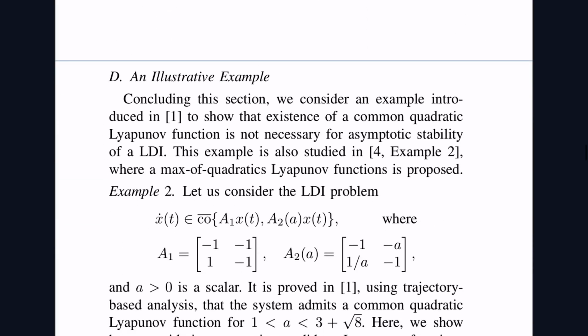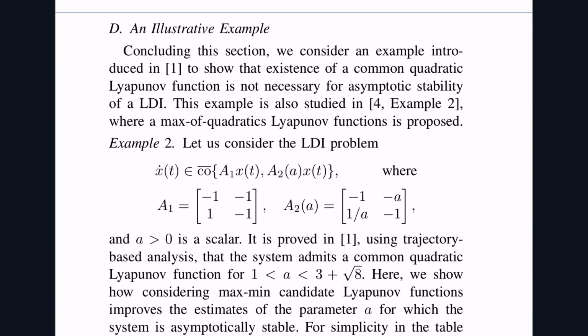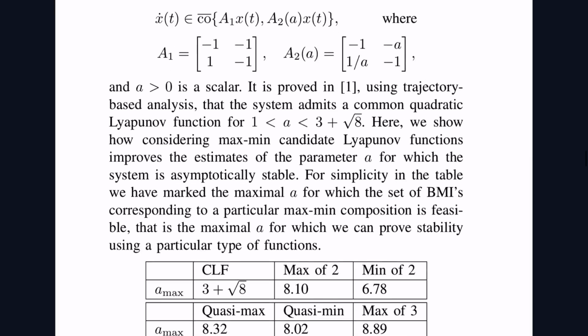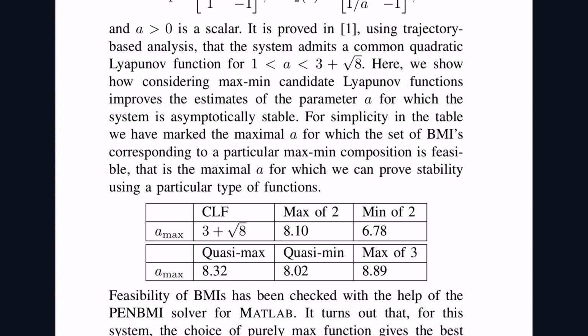An illustrative example here, and this is the structure that we have, with A1 and A2 terms, where A2 has a parameter. And when we look at a control Lyapunov function, I think this is like square root of 8, which is 2.82 or something. It's like 5.82. By the way, of course, I did it before. I am not that smart, unfortunately. I'm not a robot.